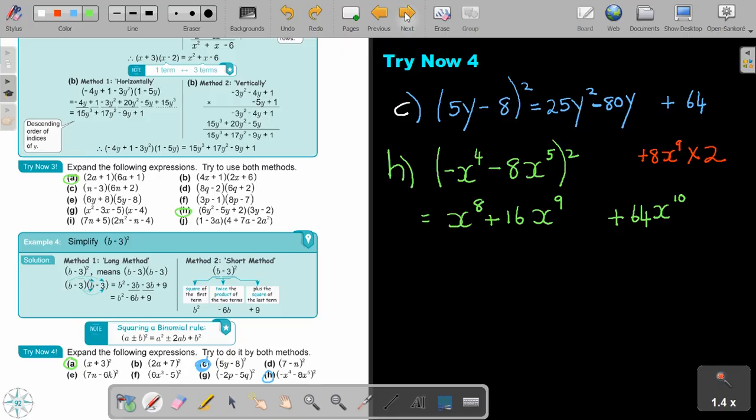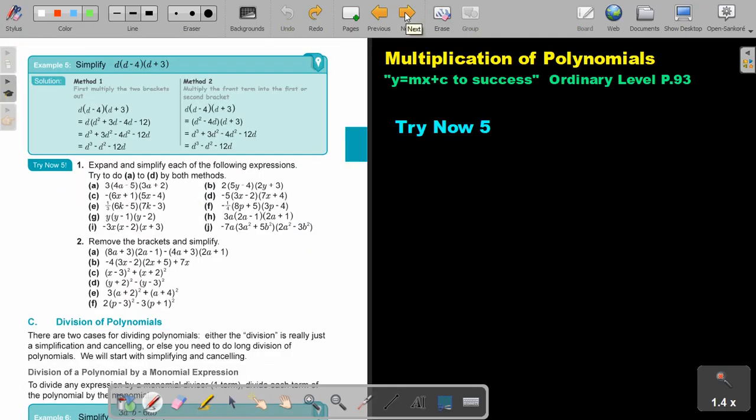I just want to do a final one. If this is the last in multiplication, if I have two brackets and an extra term, then again there's two ways of doing it. I can keep the term in front and first multiply out the two brackets, then multiply that term in, and then add the like terms.